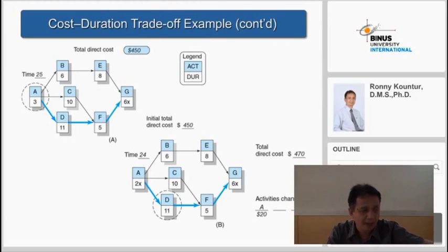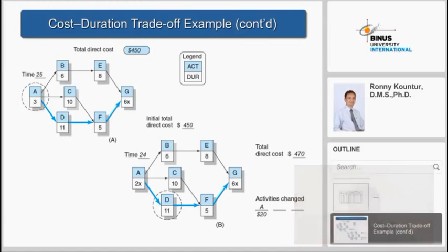Let's go back to the table before. If you notice the slope, let's see the path analysis is A, D, F, and G. Out of these four activities, the smallest slope is G, which is 0.